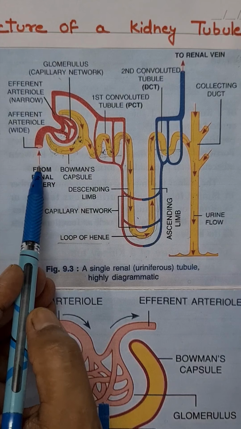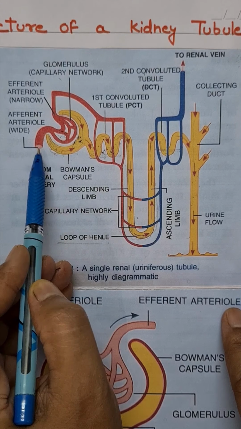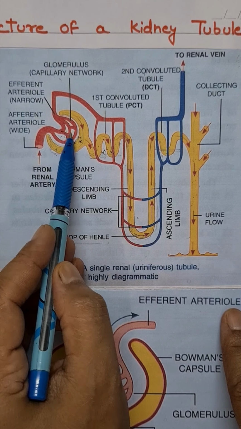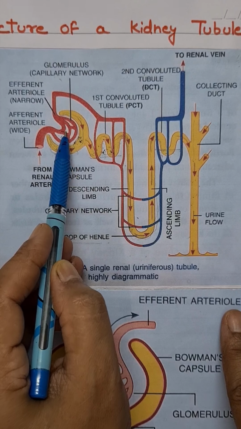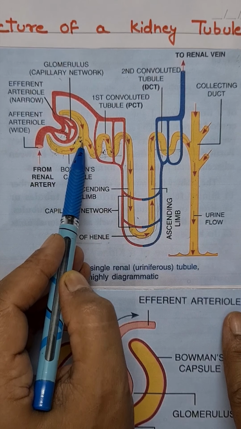Now look at the diagram of the kidney tubule. This is the glomerulus. When blood flows through the glomerulus, the process of ultrafiltration takes place here. After ultrafiltration, the glomerular filtrate is received by Bowman's capsule.